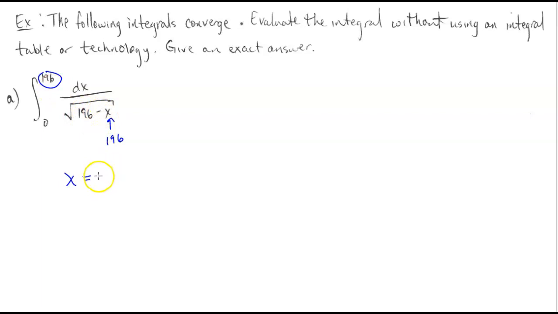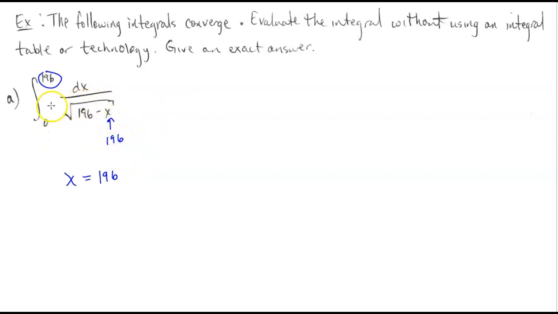And so this lets us know that this particular function either is undefined because it has a vertical asymptote at x equals 196, or there's something else going on. More than likely it either has an abrupt end of a domain, or it has a vertical asymptote there. We don't really care at this point what it is.